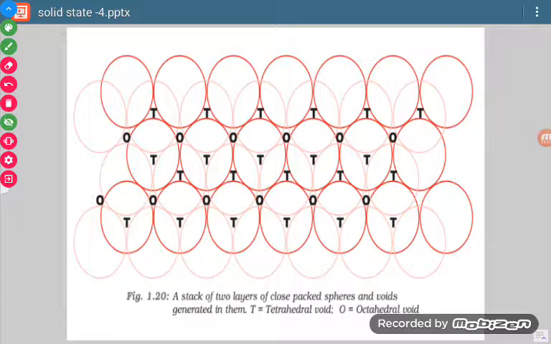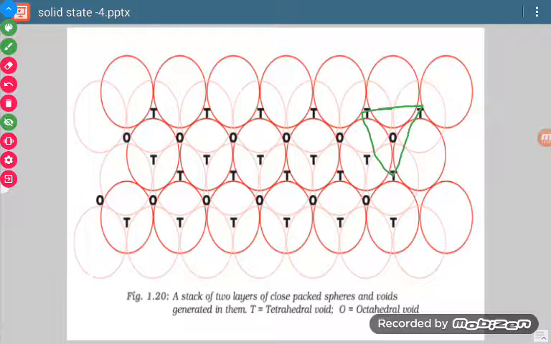Now if you see this side, I am taking these 3. See, these 3 are from the lower layer. Okay, not these 3 exactly. Let me take these 3, 1, 2 and 3. Okay, this triangle which I have made is connecting the centers of the spheres of the lower layer.